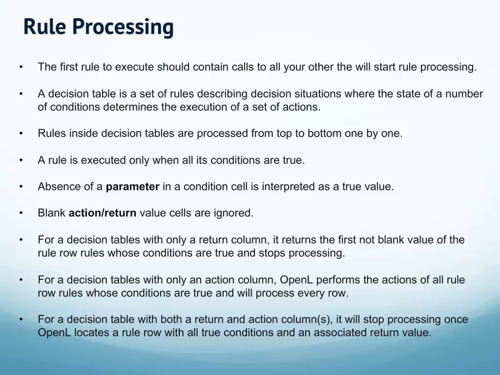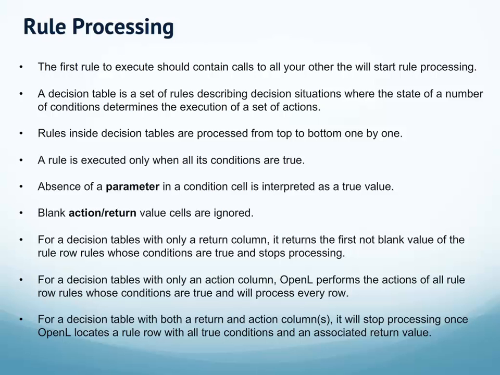There's also this third situation, which is listed down here, when you have both an action column and a return column. But what's going to happen is OpenL is going to stop processing after it finds conditions that result in true and there's a return value in the return column.